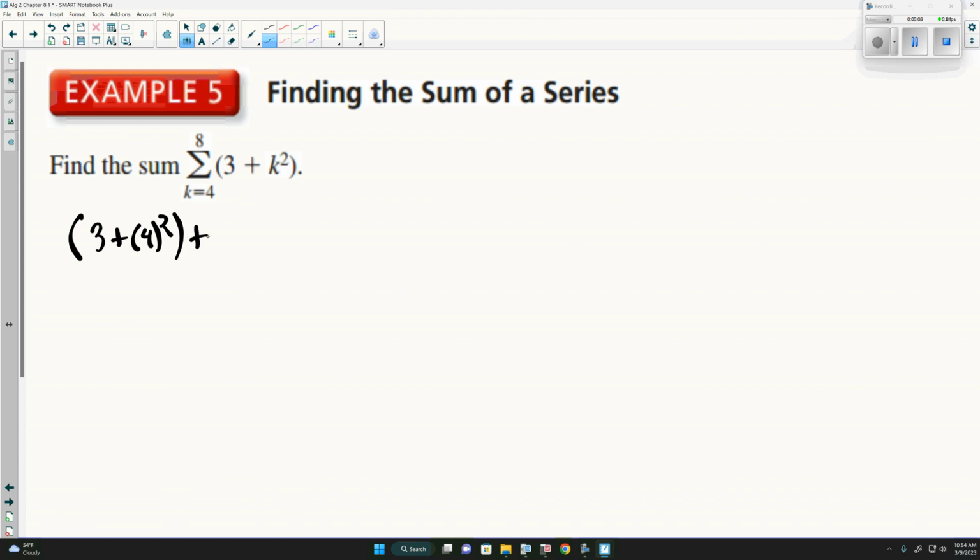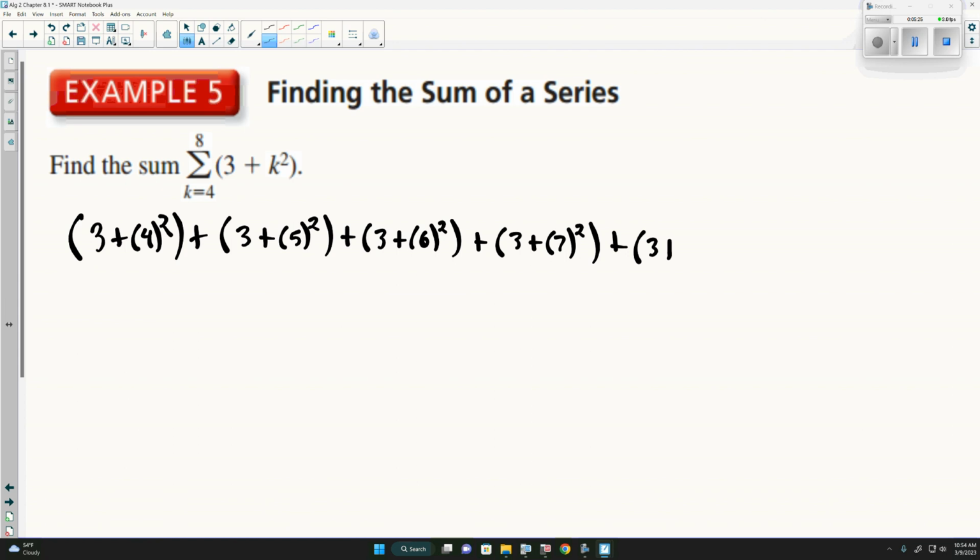Then we do the next value of k, which is 5, plus 3 plus 6 squared. And we keep going and plugging each number, the next number in each series, till we hit the last one. Now for this one here, we're going from 4 to 8. So we're going to plug 4 in for k, 5, 6, 7, and 8.